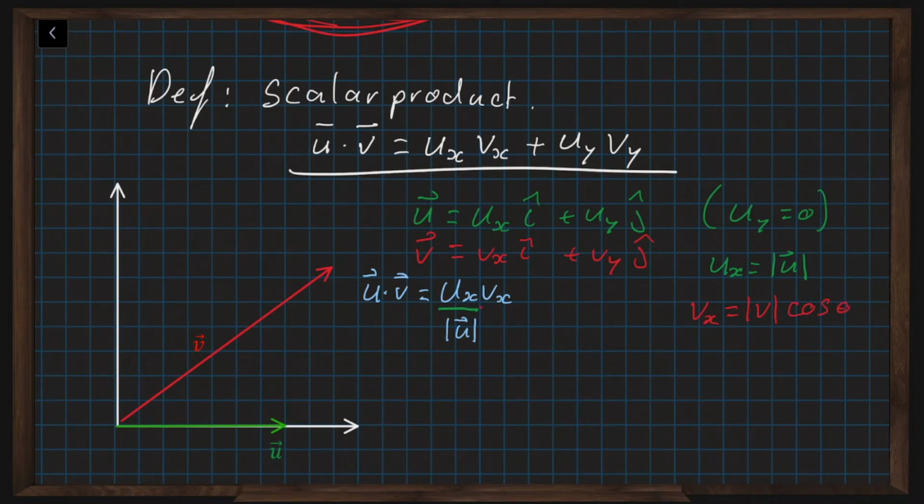So we replace vx as well. And in this case, we see that the angle between v and the x-axis is the same as the angle between v and u. So the dot product of two vectors is the product of the magnitude of the two vectors and the cosine of the angle between the two.